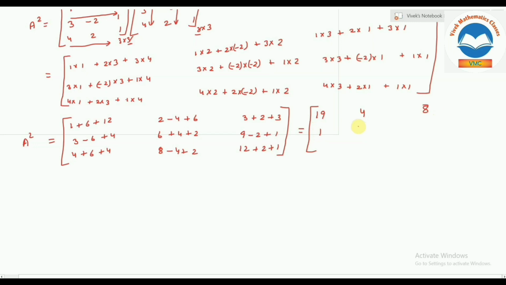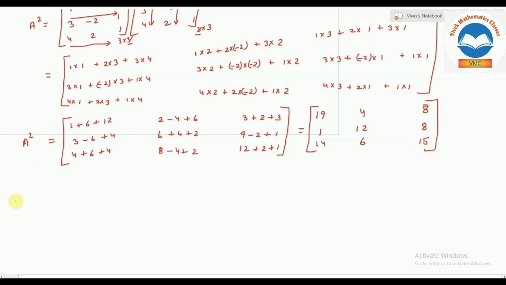And here 6 plus 4, 10 plus 2, 12. Here 9 plus 1, 10, minus 2 will be 8. Next what are we getting? 6 plus 4, 10, 14. And here we will get 10 minus 4 will be 6. And here 12 plus 3 will be 15. So this we are getting as A square.